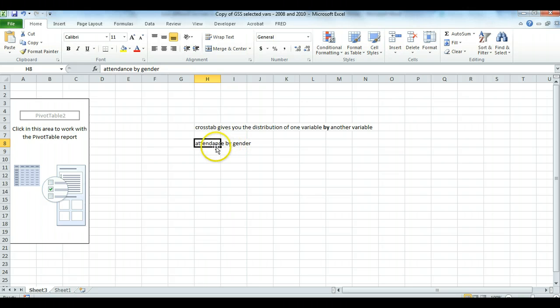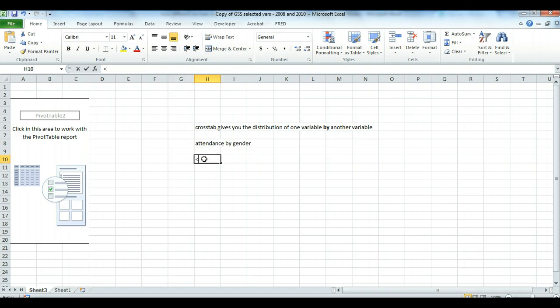Now, the convention for a crosstab is that the variable before the by is the variable you're trying to explain. In other words, trying to explain church attendance, or looking at the distribution of church attendance by, and then there's the by or grouping variable, gender.